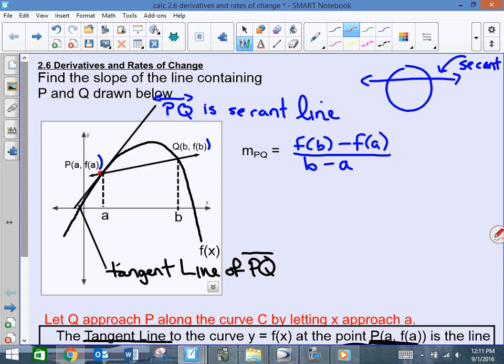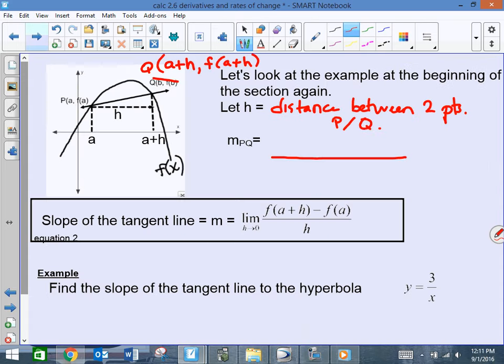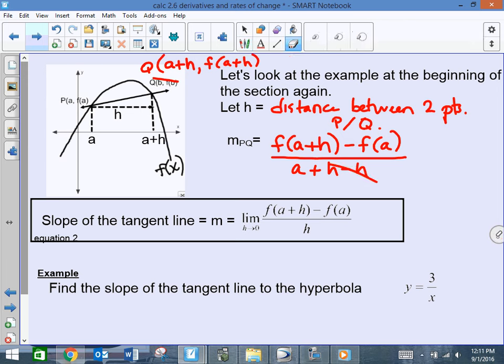It's the rise over run. Y over X. Go ahead, Holly. F of A plus H minus F of A, you mean? Yeah. Good. Over H. Or A plus H minus A. Yeah, you're right. Which is the same as.